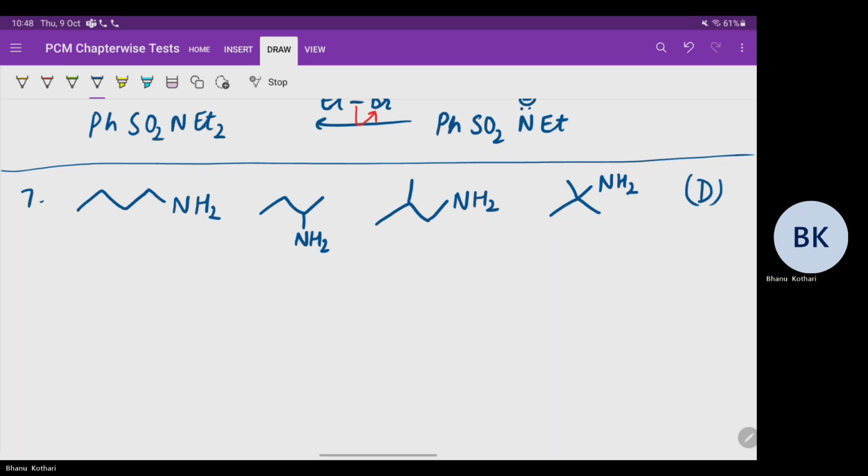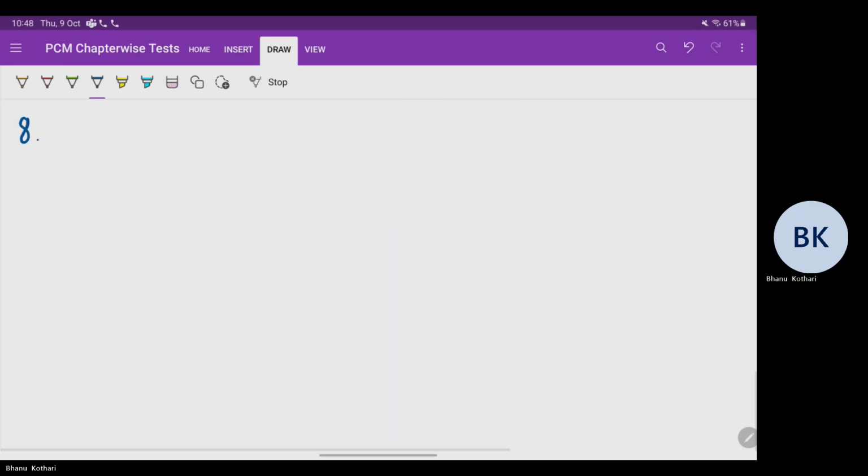Let's look at question number 8. Here, which of the following does not give ethylamine on reduction? We have methyl cyanide, CH3CN. If you reduce it, you get CH3CH2NH2.